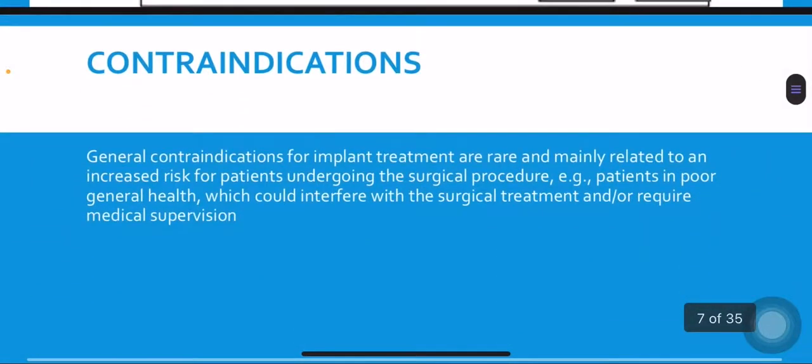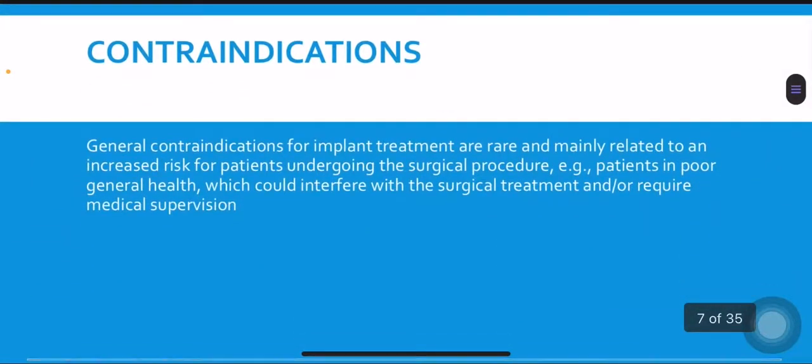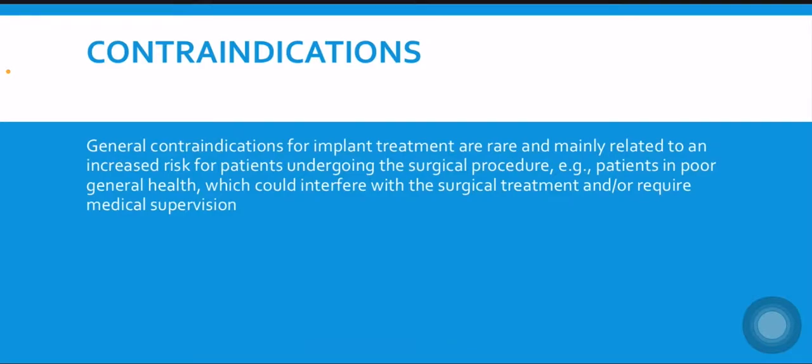Now, the contraindications. The absolute contraindications for implants are rare, and mainly related to an increased risk for patients undergoing a surgical procedure, for example, patients in poor general health, which could interfere with the surgical treatment.